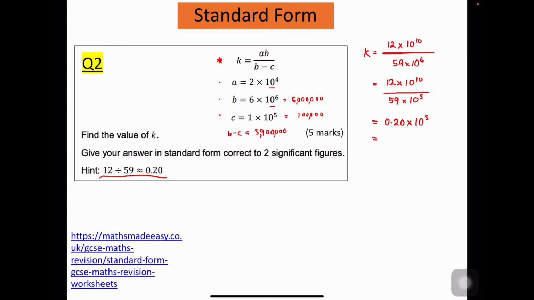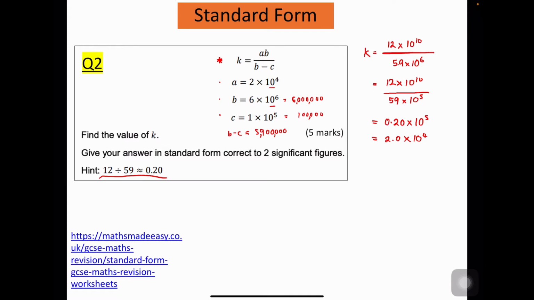Is it in standard form? No. So multiply the A value by 10 and divide the power of 10 by 10. Yes. So we have 2.0 multiplied by 10 to the 4.